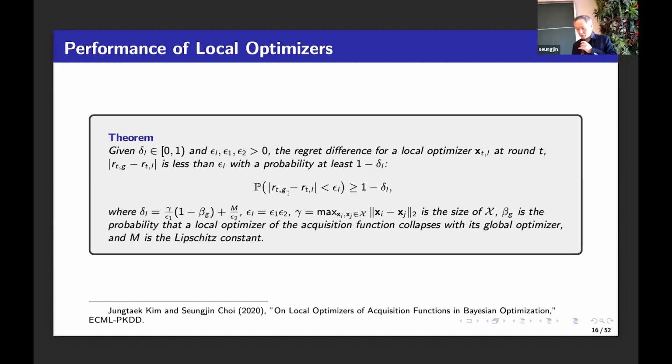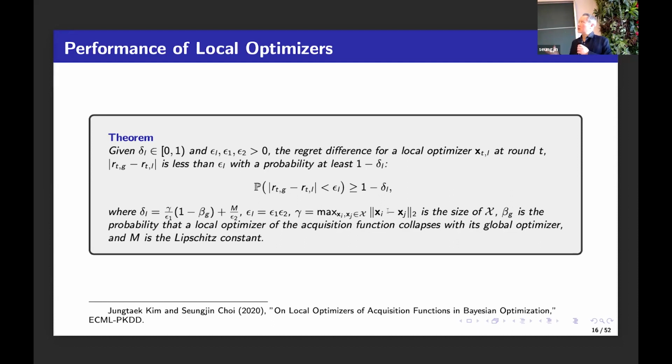The gap between these two instantaneous regrets falls inside some epsilon with very high probability. It depends on a couple of things, but that is not really critical.